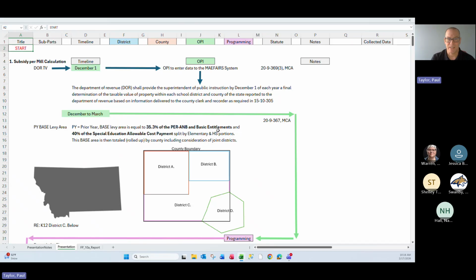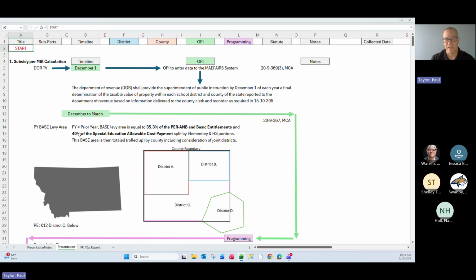So let's talk about the second piece. 40% of the special ed allowable cost payment. Well, in statute, the calculation of determining special ed allowable cost payment in the base is equal to two parts. The state pays 100% of the special ed allowable cost payment. And then the formula says an additional 40% is put into the calculation of the base area.